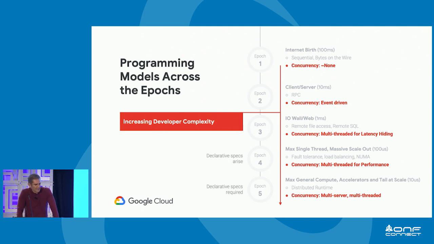Then came the early 90s, right? We hit this max single-thread performance, and now we had to have processors that had multiple threads. And this meant that concurrency had to move to multi-threading for latency hiding. Right? You couldn't live with the plain event-driven model anymore. And this became hard. Right? Dealing with multiple threads that are reading and writing shared data structures simultaneously is really hard. And it's deceptively hard.